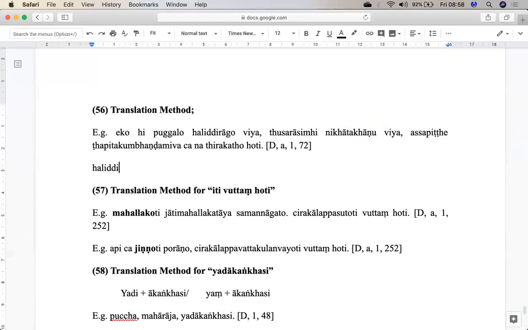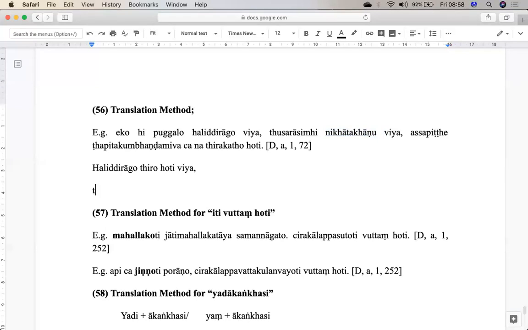So halati rago, so tiro hodi wiya, that is one line, and also tusa rasemi, nikada kanu.